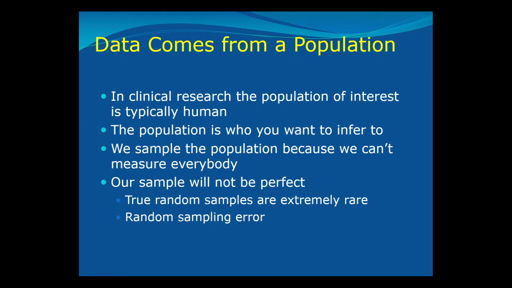Our sample will not be perfect. A true random sample is extremely rare, and we need to estimate random sampling error because we draw part of the population and take only some elements for studying.